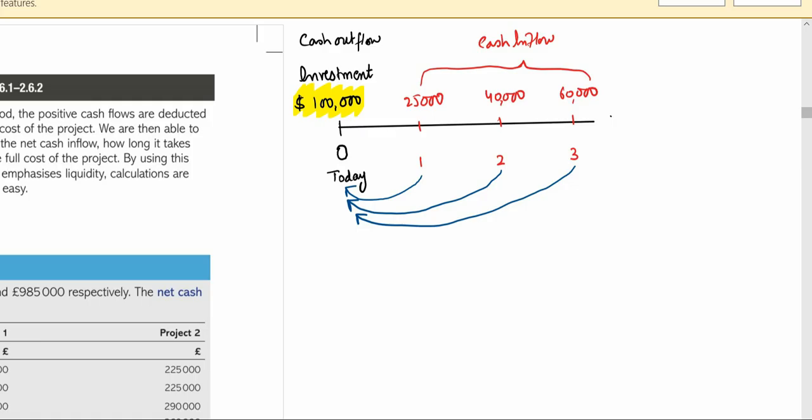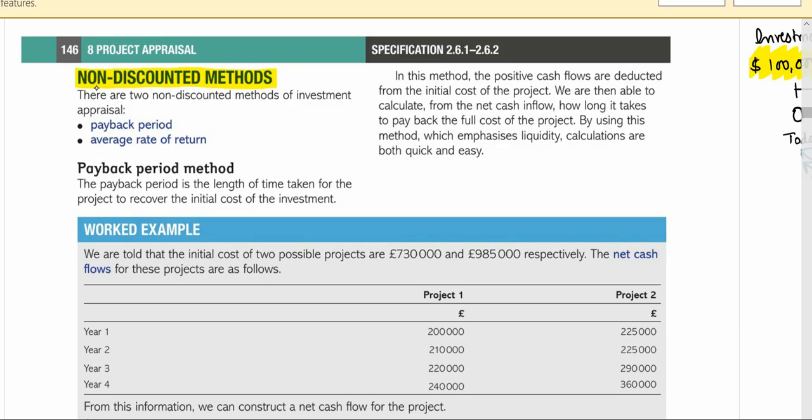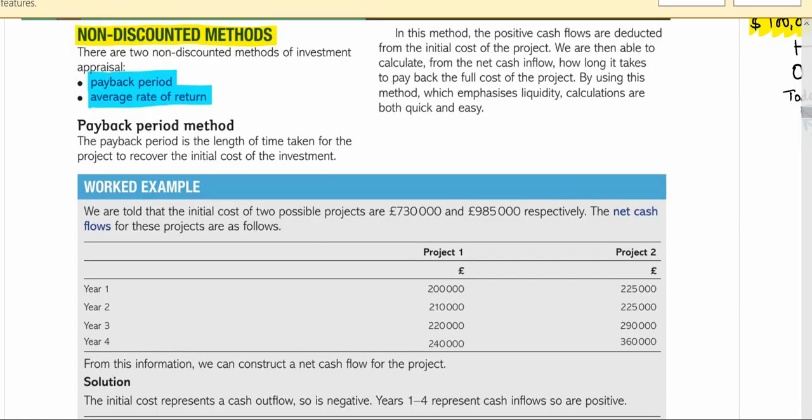So discounting means calculating the present value of the future cash inflows. But now we are discussing the non-discounting method. In the non-discounting method we have two methods: number one is payback period, and second is average rate of return. First of all we will discuss what the payback period is.